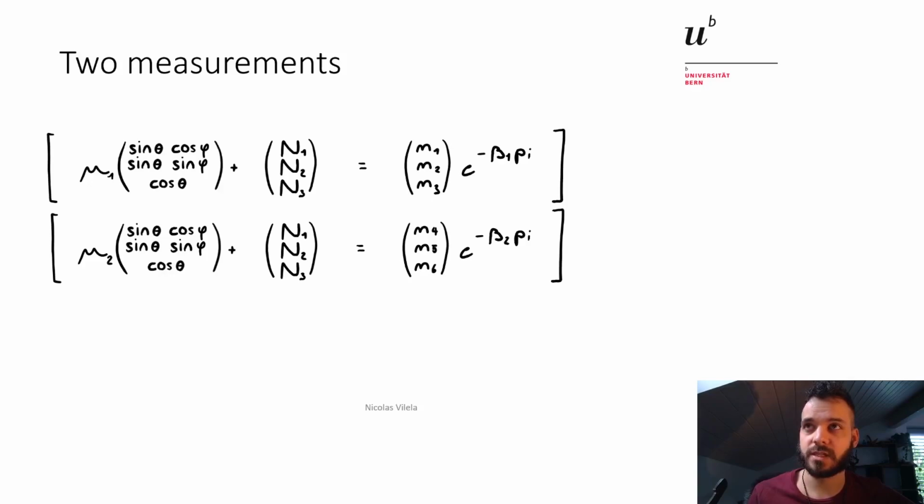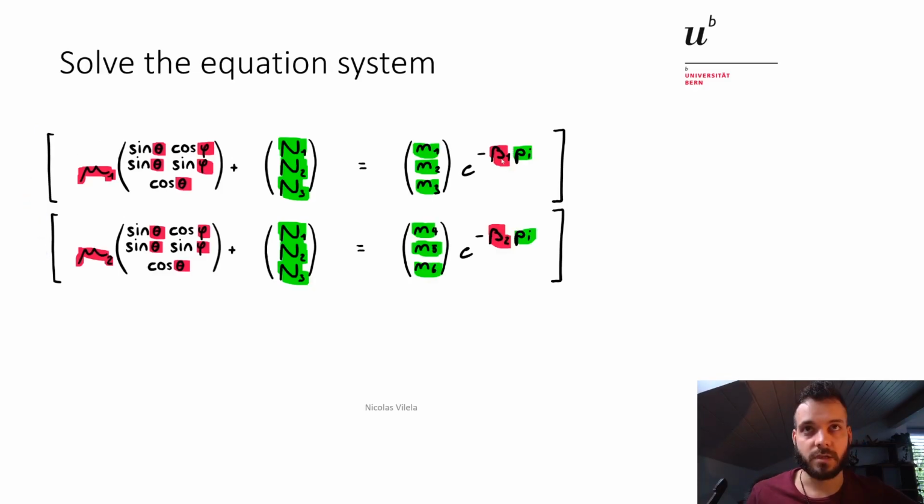What we will do next is perform 2 individual measurements of different mixtures. So our first mixture will give us 3 equations, and our second mixture will give us 3 equations. In both cases, we will not know the fractionation that occurs during our measurement within the machine.